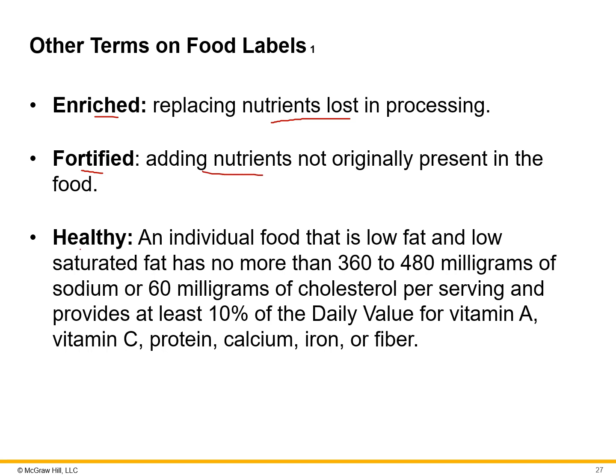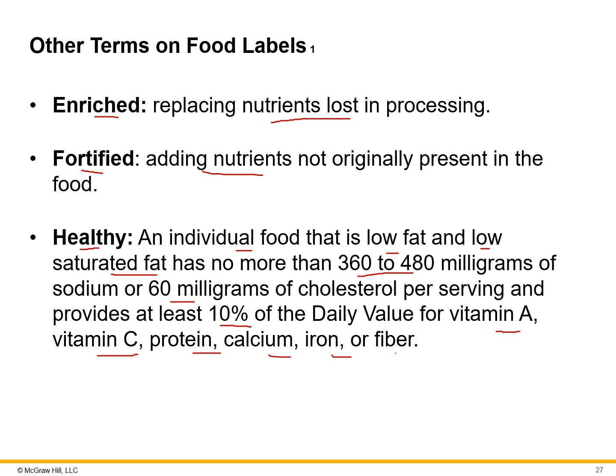And then there is something that's labeled healthy. This is an individual food that is low fat, so it has low saturated fats. It has no more than 360 to 400 milligrams of sodium or 60 milligrams of cholesterol, and has at least 10% of the daily value of vitamin A, vitamin C, protein, calcium, iron, and fiber.